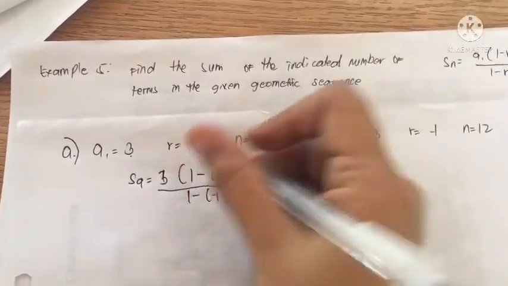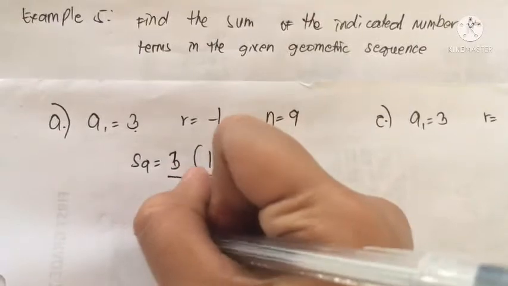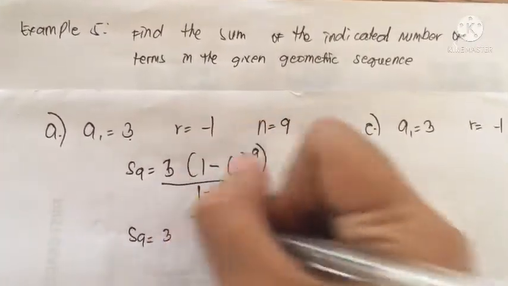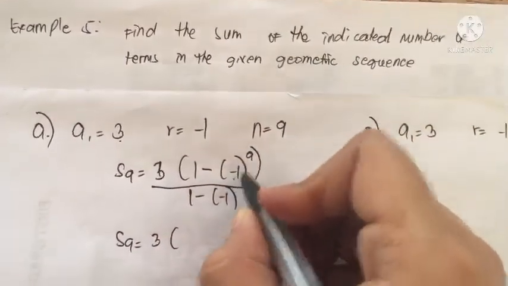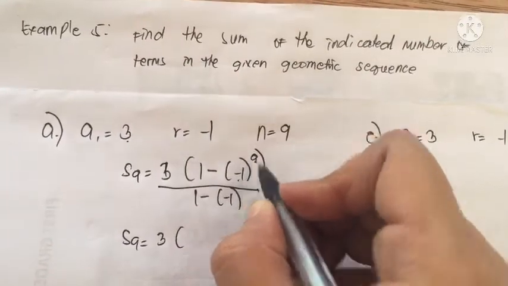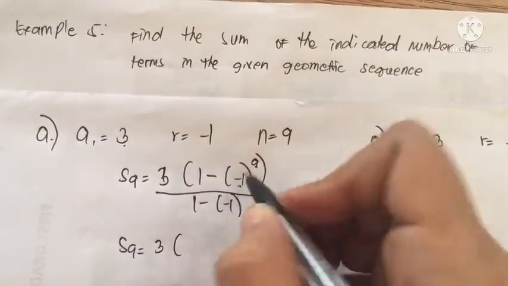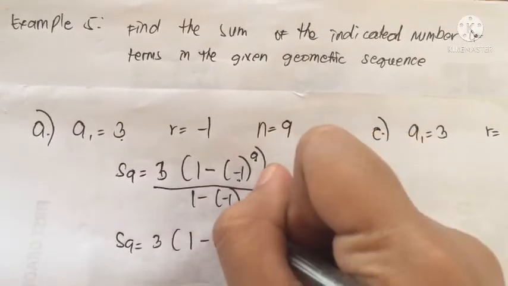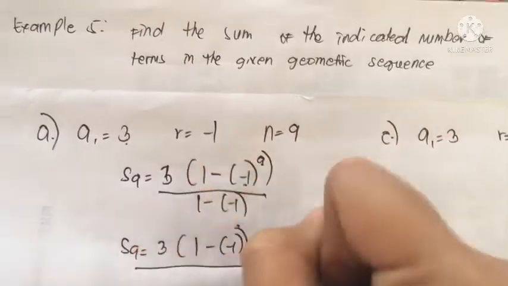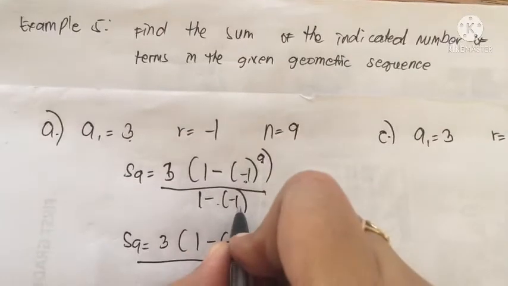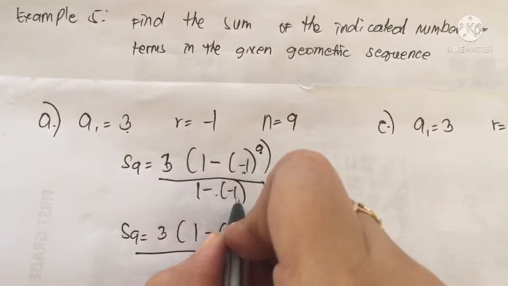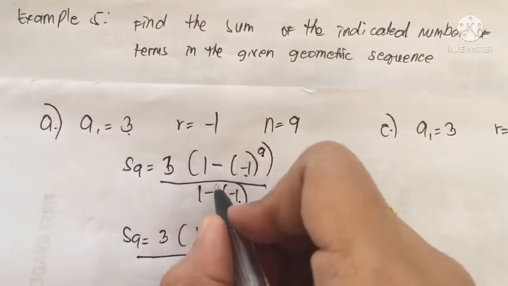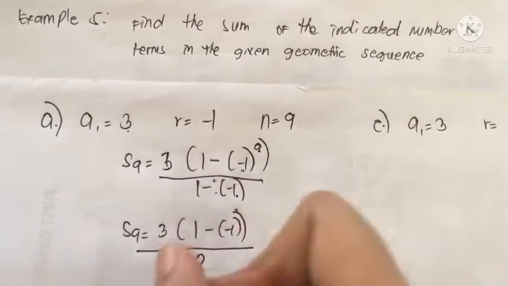So, nag-substitute na ako gamit yung formula natin. So, solve na natin. S sub 9 is equal to 3 times natin, negative 1 raised to 9, ang sagot natin is negative 1 pa rin. So, magiging 1 minus negative 1 pa rin. Over 1 minus negative 1, ang sagot natin ay magiging plus, so magiging 2.